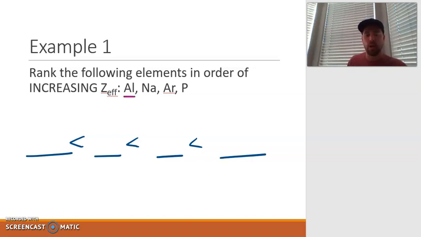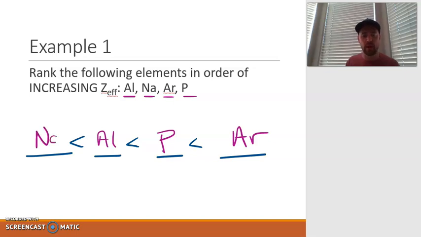If I take a look at where these 4 elements are on the periodic table, I notice that they are all 4 in row 3. So if I take a look at row 3, I know that effective nuclear charge increases as I move to the right. And so, which element of those 4 is all the way to the right? It looks like argon is the furthest to the right. The next element below that would be phosphorus, followed by aluminum, and finally sodium would have the lowest.